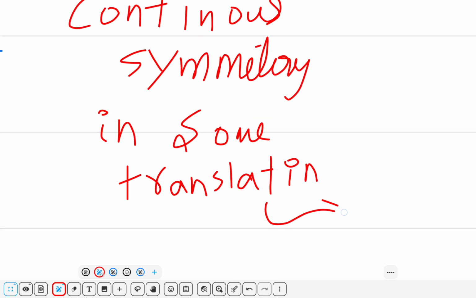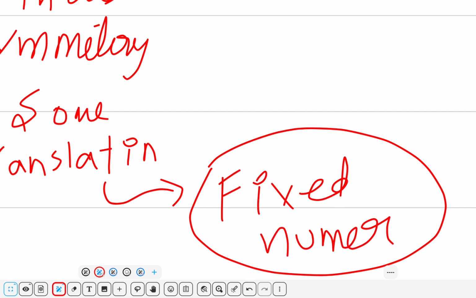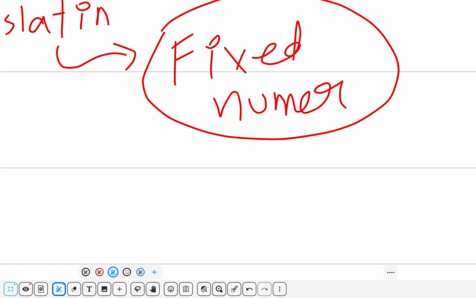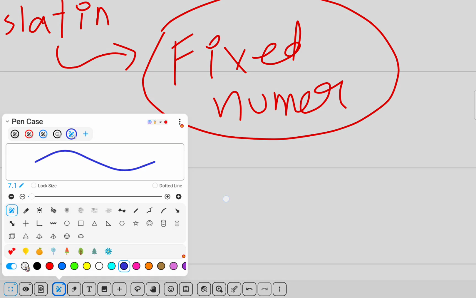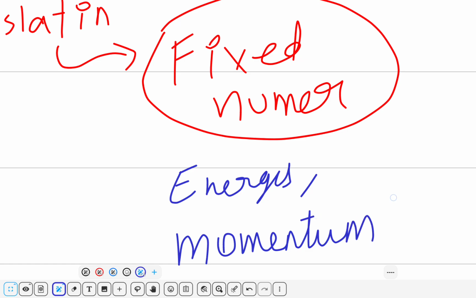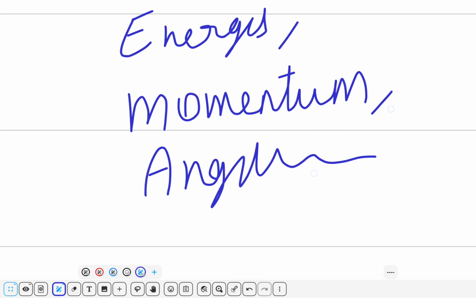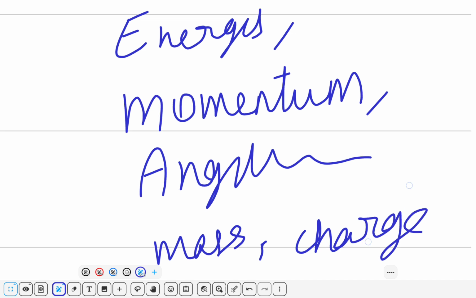you get some kind of fixed number. This number turns out to be very special. What do I mean by fixed number? These fixed numbers in physics mean energy, momentum. You must have heard that momentum is always conserved, energy is conserved, and angular momentum, mass, charge, all these things.